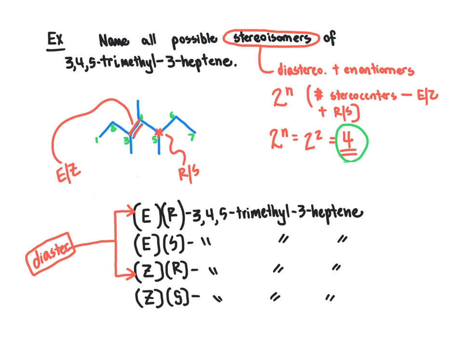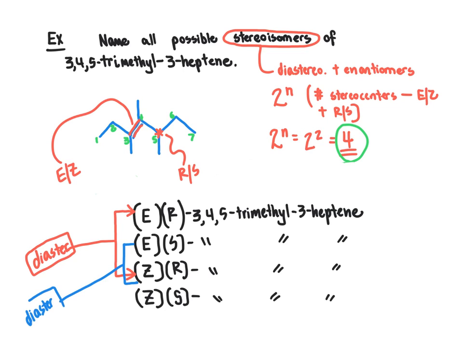Let's look at another pairing of these to add to our list here. Let's say we took the E, S and we compared it to the Z, R. So we're always comparing these in pairs. So E, S versus Z, R, we've changed the configuration at every single location, meaning we've changed E to Z and S to R. These are going to be diastereomers of one another.